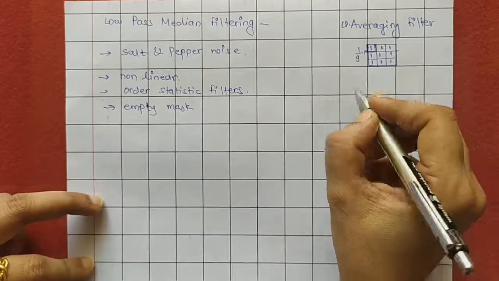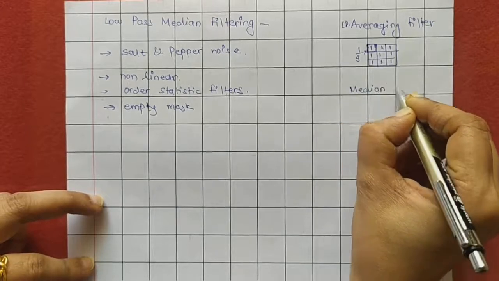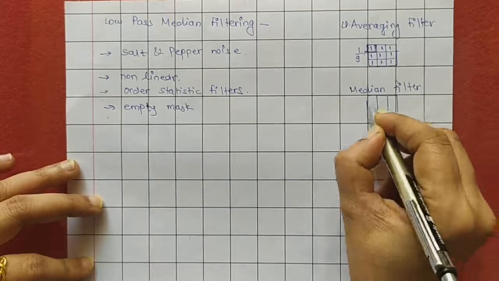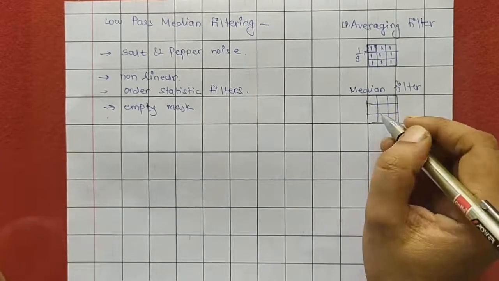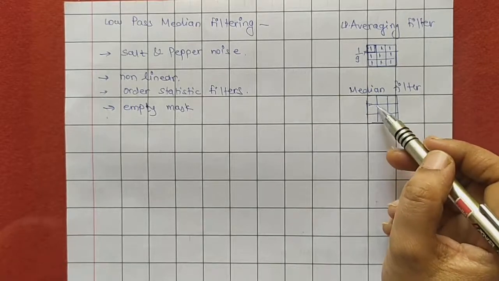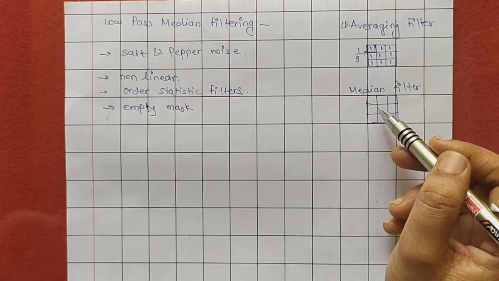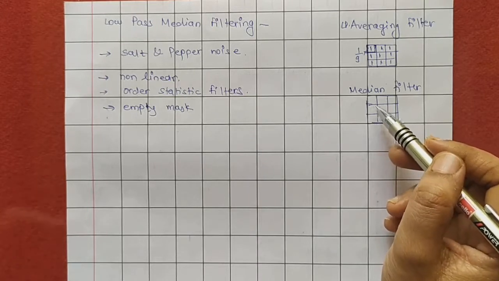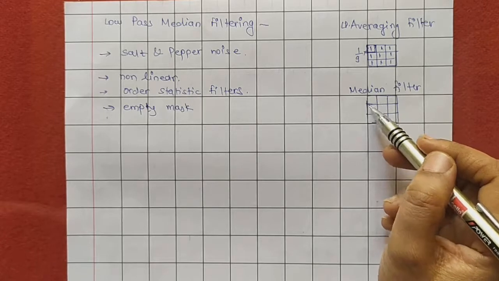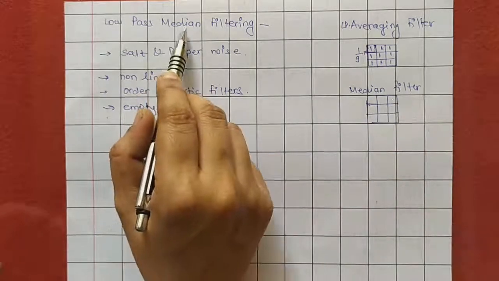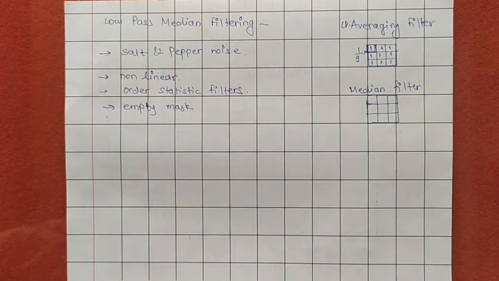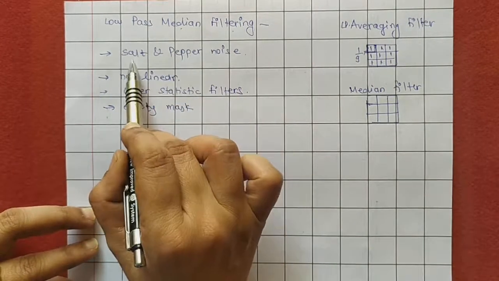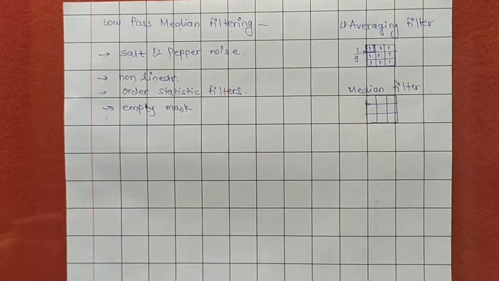But in case of the median filter, a 3x3 mask has empty values, and we have to use this empty mask, and based on the ordering or ranking of the pixels of the mask, the response of this median filtering is decided. And that's why we can use the median filtering to remove salt and pepper noise.